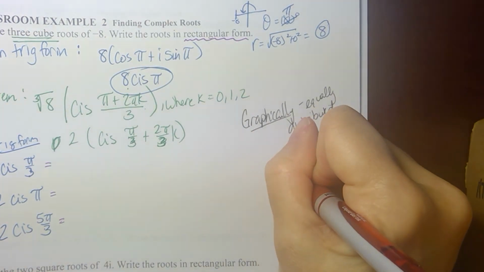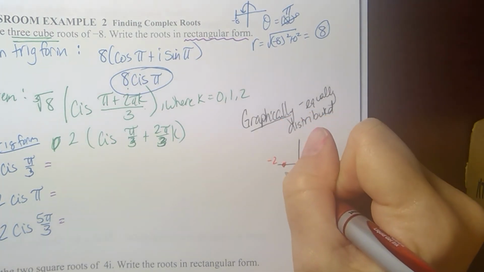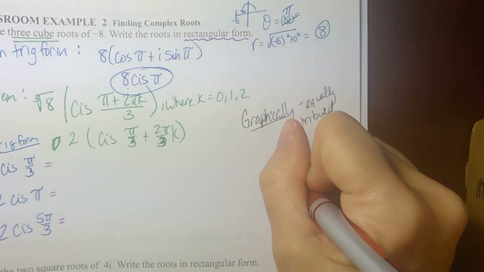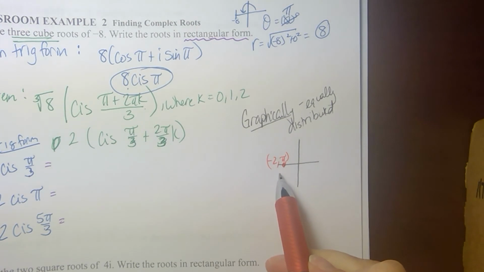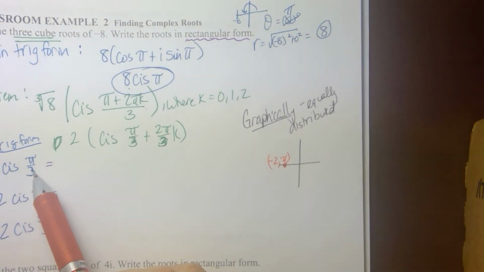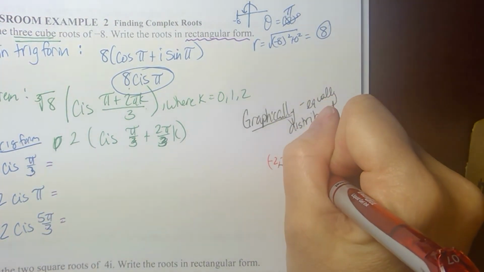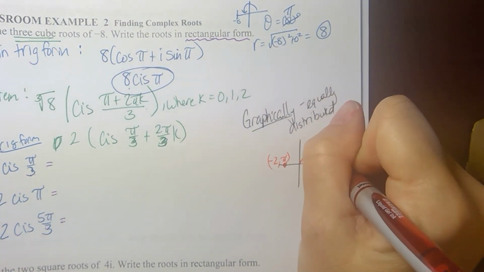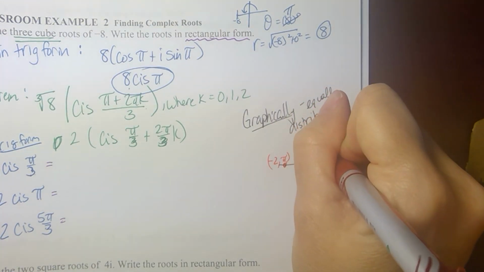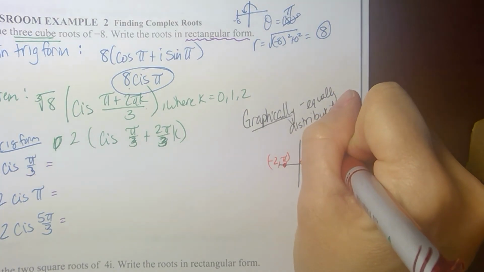So that one's going to be right here at -2 pi, in fact, my polar coordinate form. But the first root falls at pi third. Pi third is 60 degrees, right? So where my modulus is 2, I'm at pi third.